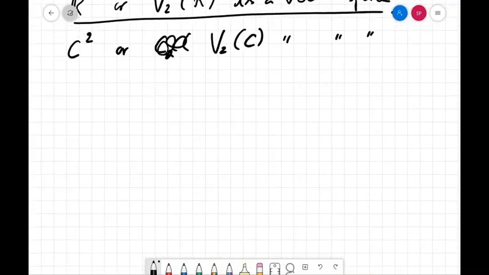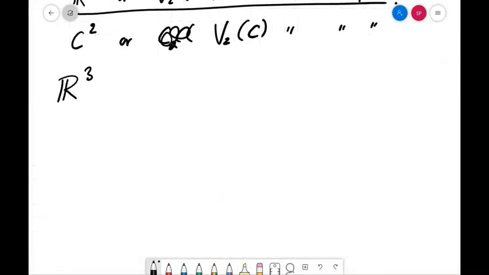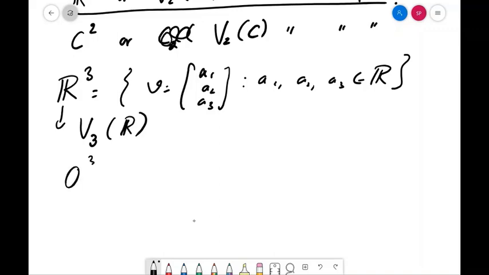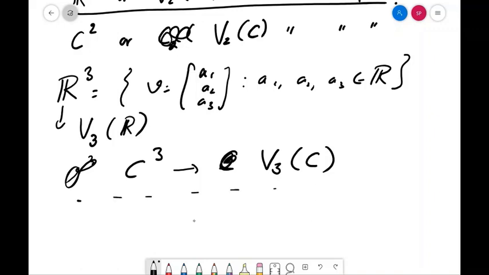In the same way, I can go through the next one, that is R3. This has the vectors a1, a2, a3, such that a1, a2, a3 belong to R. This is also a vector space, and it is denoted by V3 over R. Similarly, C3, or V3 over C, is also a vector space, and so on. Let me say Rn.